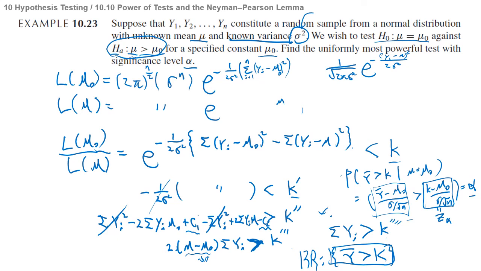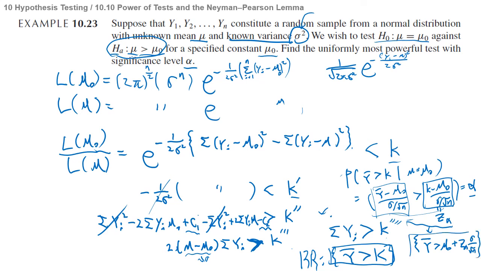So we can construct the rejection region with significance level alpha from here. The rejection region would be, from this expression, y bar greater than mu 0 plus z alpha times sigma over square root of n.